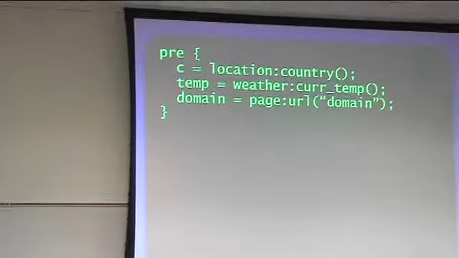Right? Sam demonstrated some of this, so I don't need to go into great detail. But for example, in the rule prelude, you can say C is equal to the country where the user is.